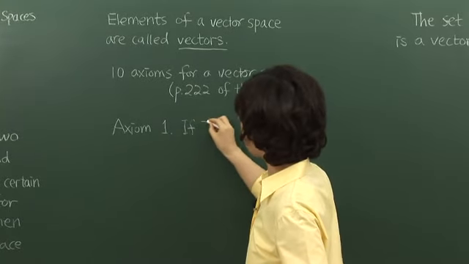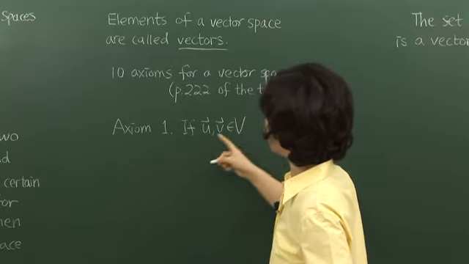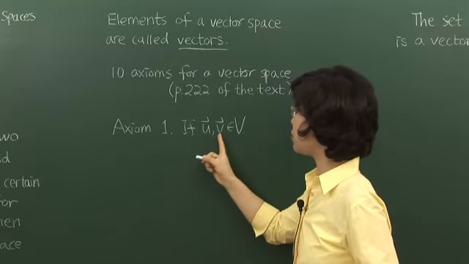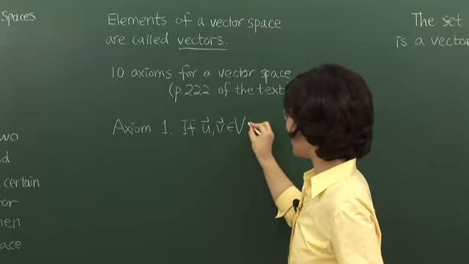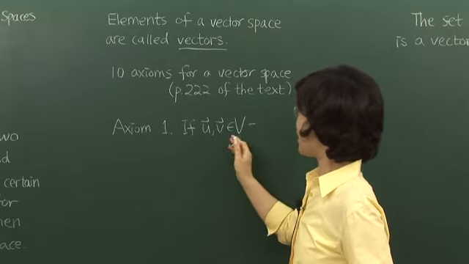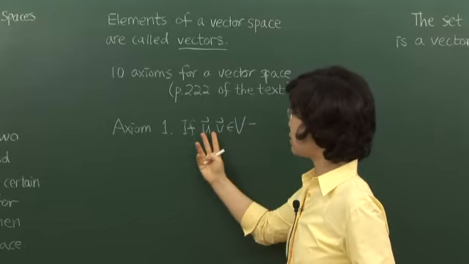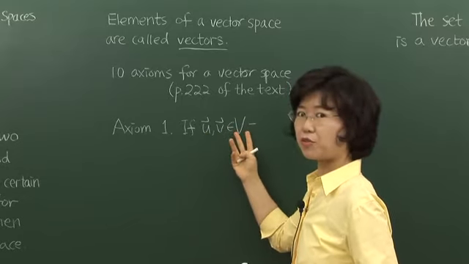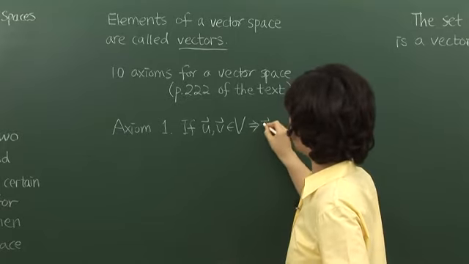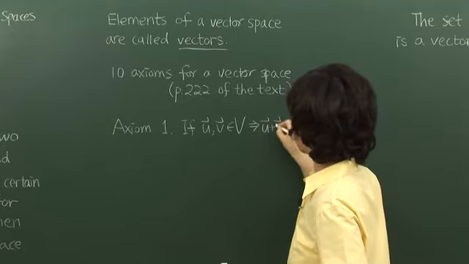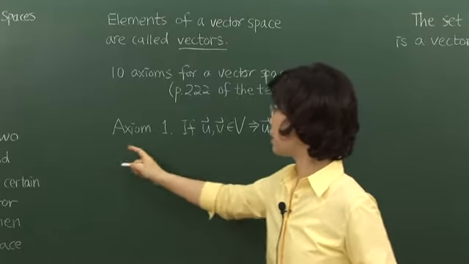If u and v are elements of V, at this point we do not know whether it's a vector space or not. V is just a set, and u and v are 2 elements of the set V. Then this implies u plus v is also an element of V. So this is axiom 1.